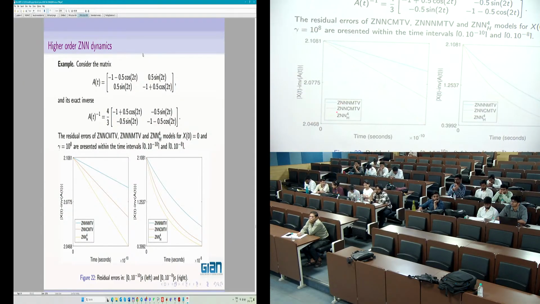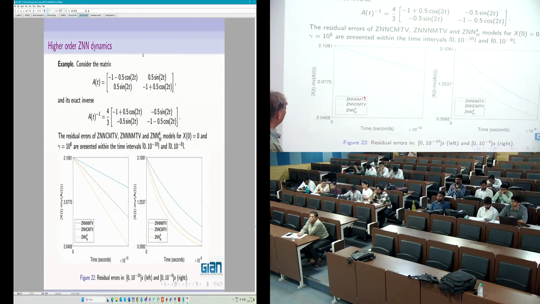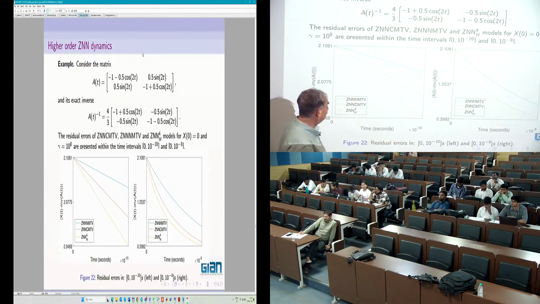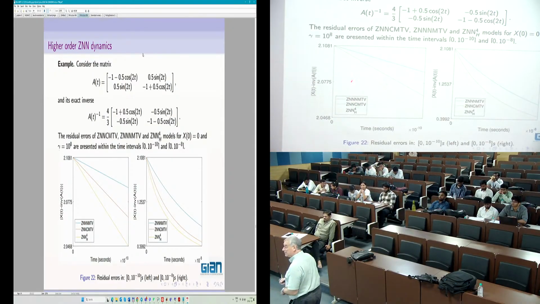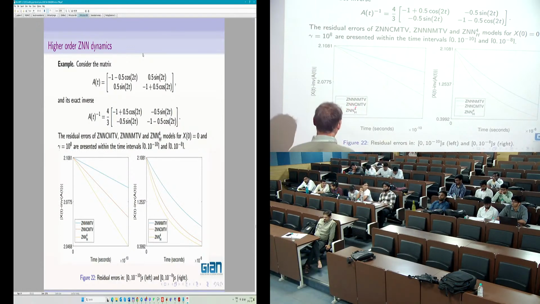Here is a comparison between the ZNN Newton method, time-varying case, in blue, slowest, then the Chebyshev method. Red color is aimed at the third order ZNN method, and yellow is aimed at the fourth order ZNN method.